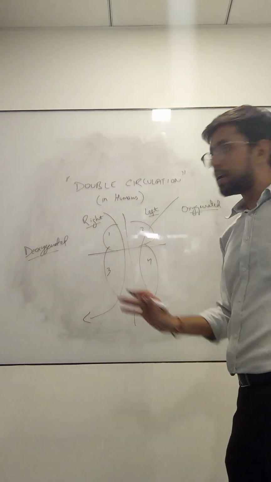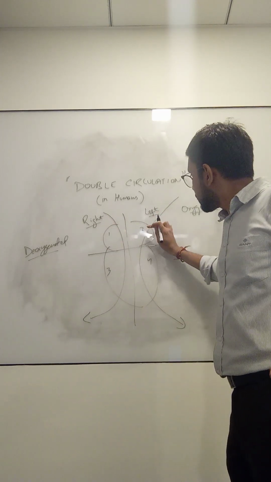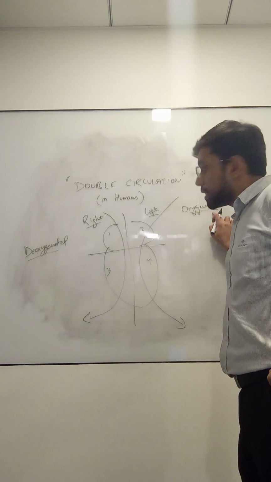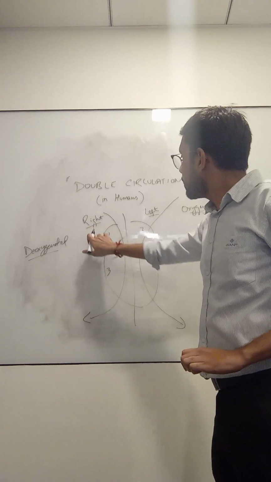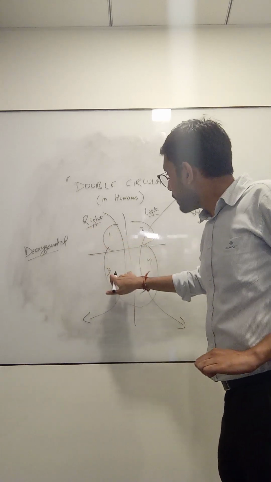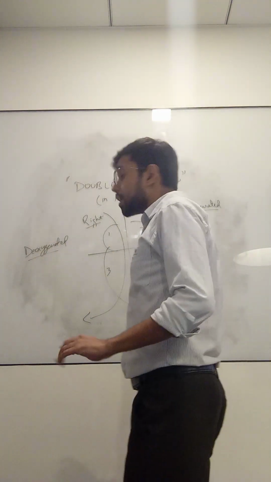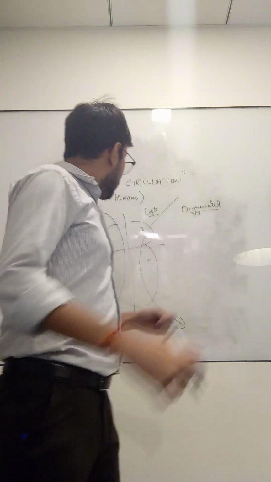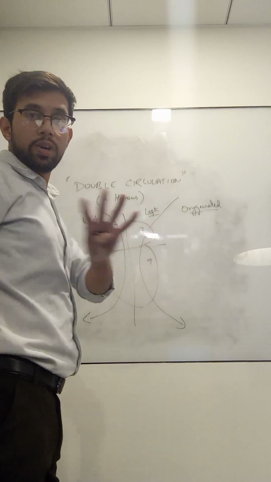The heart is divided into two sides, left side and right side. In the left side, which is chamber number 2 and chamber number 4, only oxygenated blood will flow. Similarly, in the right side, chamber number 1 and 3, only deoxygenated blood will flow. Right now, when you are looking at the screen, in front of your right hand side it would be the left part of the heart, but don't get confused.